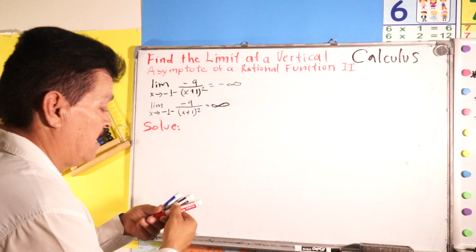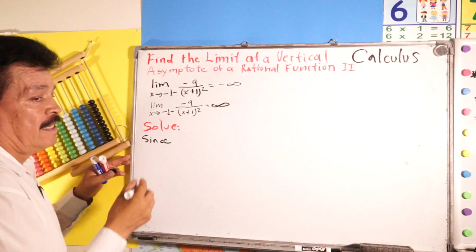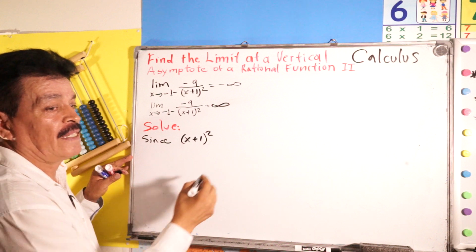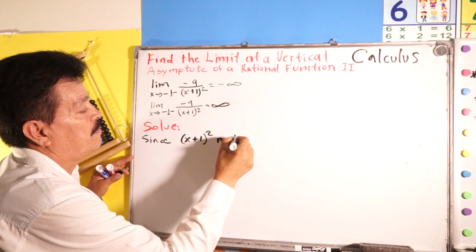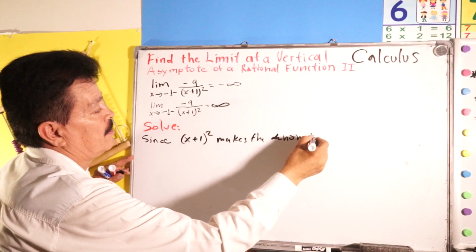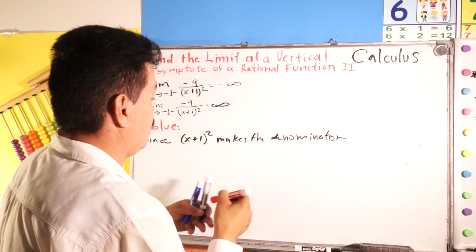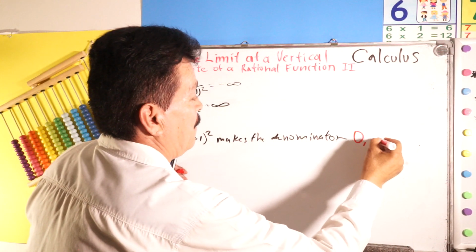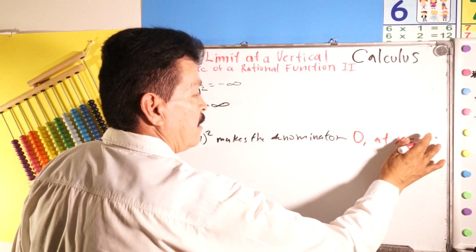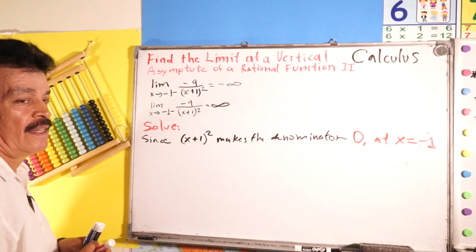So since x plus 1 to the second power makes the denominator 0 at x equals -1. Okay. Check the data, all right?